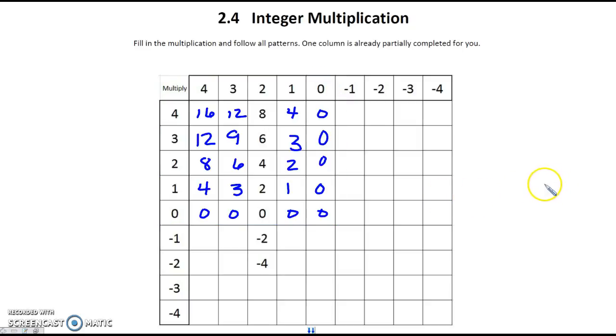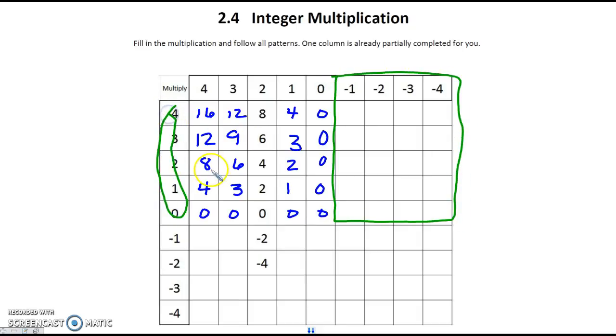Alrighty, does your positive section look like my positive section? Alright, good. Let's talk about this section next, where we're taking all of these positive numbers times those negative numbers.